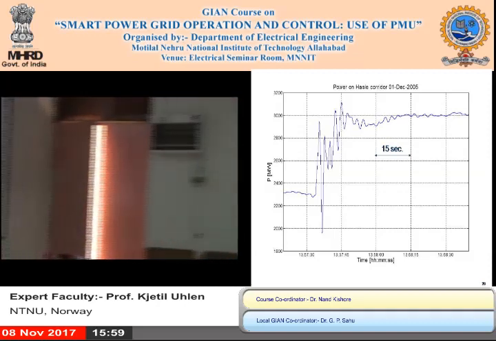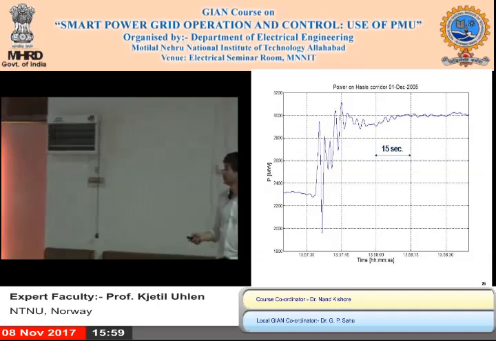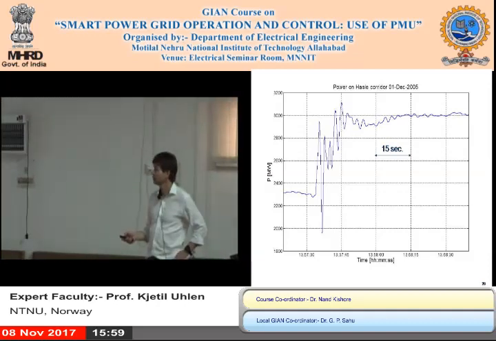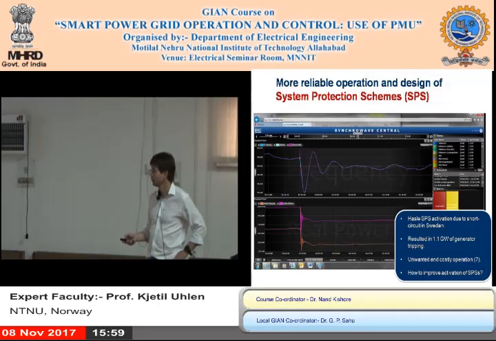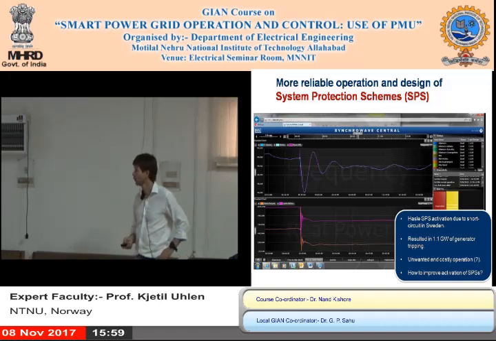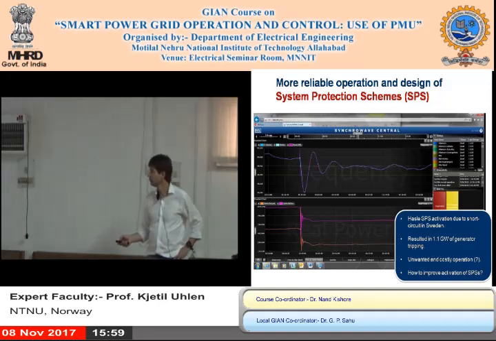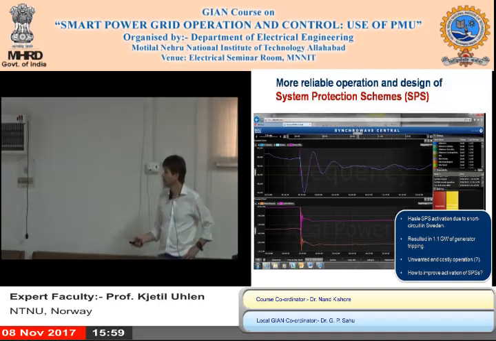And that is also critical, because then you had a loss of generation and you had actually quite some oscillations in frequency. And also you see that the power flow on the line was reduced, but the damping was good in this case. The electromechanical oscillations were well damped. But it illustrates the fact that you may have unwanted operation.